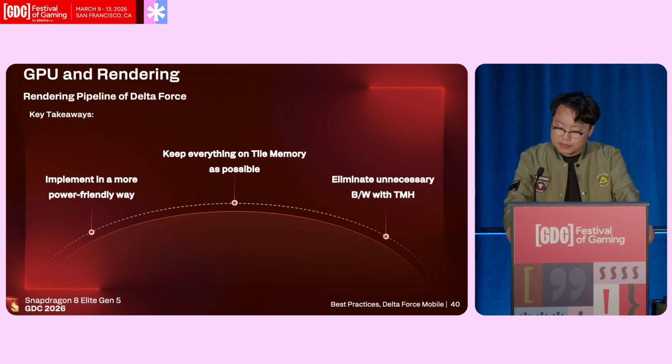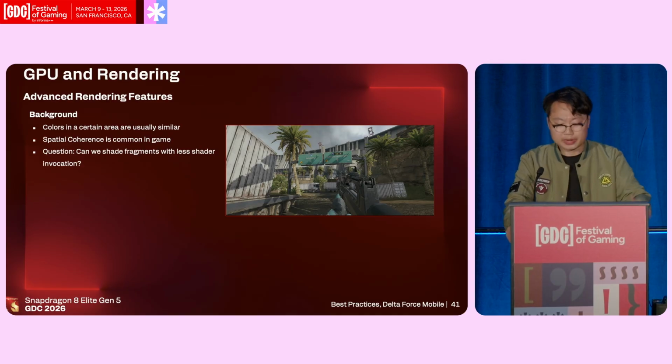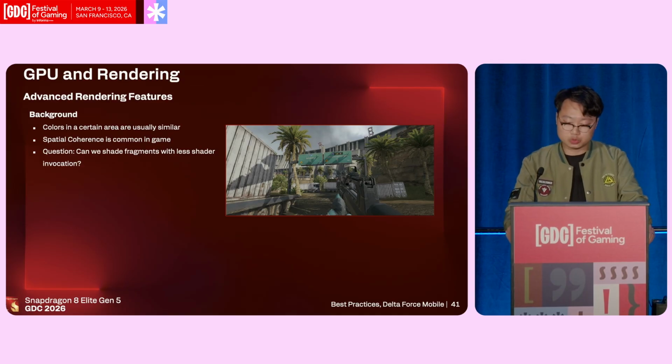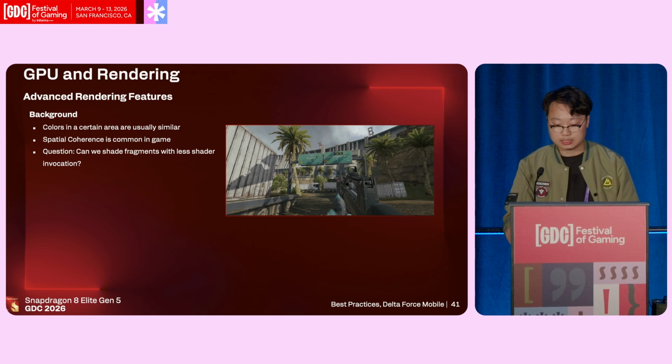Now, what about the other major source of power consumption, the GPU itself? GPU workload is also a very significant factor in heat and power drain, and I will break this down into key areas. First, when you're playing a game, it's pretty easy to notice that not every pixel on the screen has a widely different color.